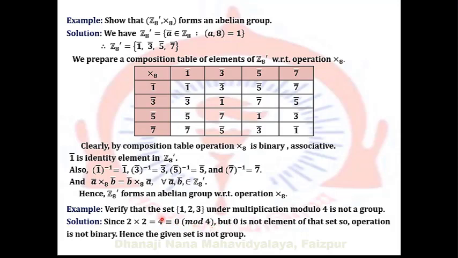That is, when we divide 4 by 4, the remainder is 0. But 0 is not a member of this set. So we can say that the operation is not binary. As the operation is not binary, the given set is not a group. So this set 1, 2, 3 is not a group under the operation multiplication modulo 4.